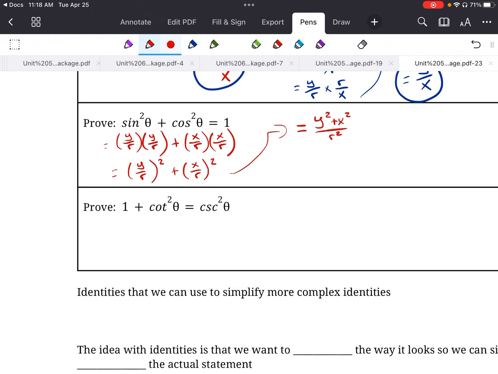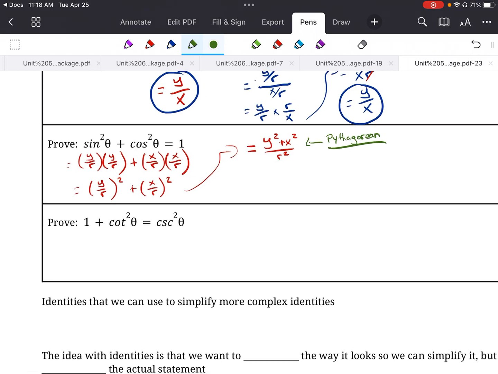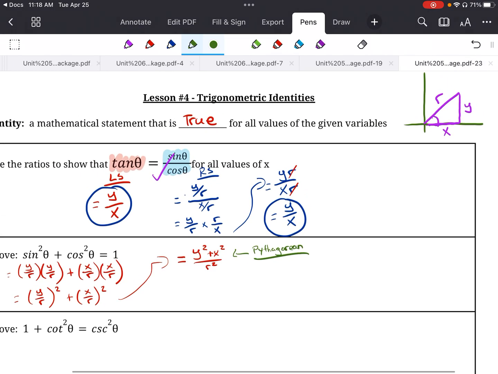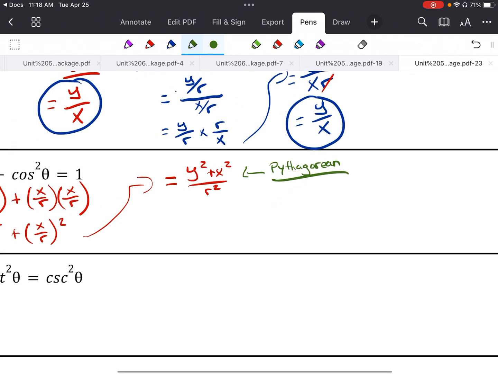Okay, now to get to the next step, we're going to use Pythagorean theorem. Because x and y represent the legs in our triangle, and we know that r squared equals x squared plus y squared.